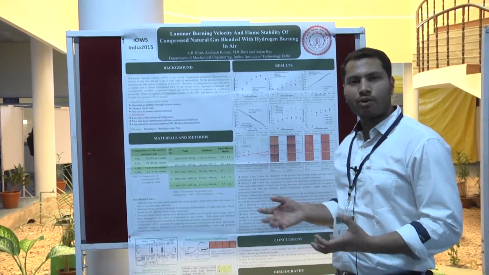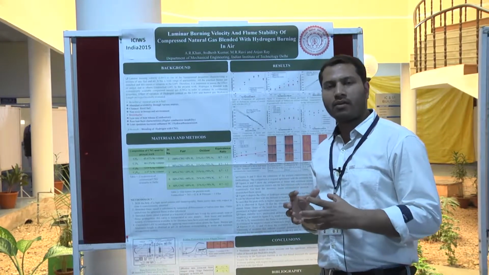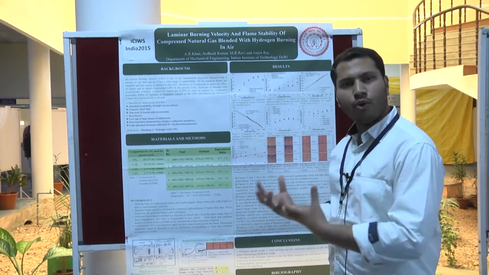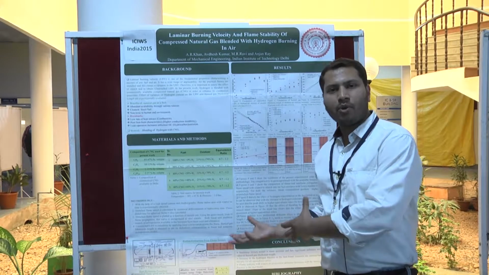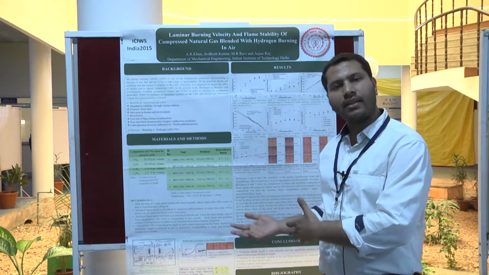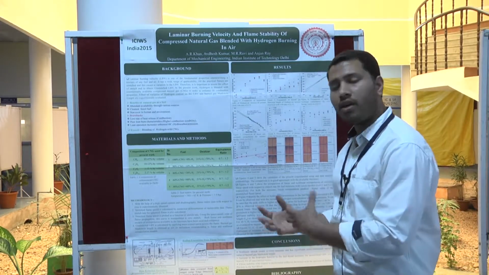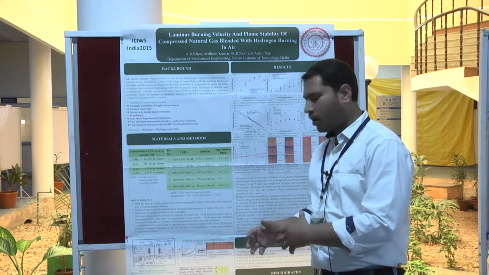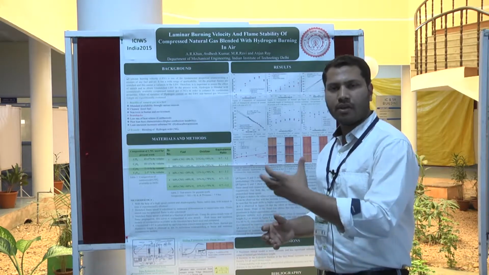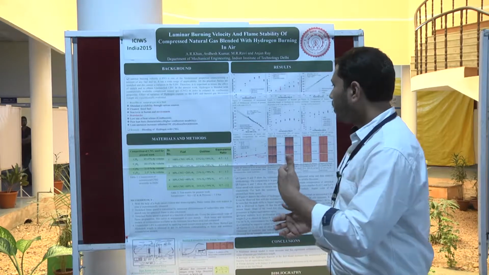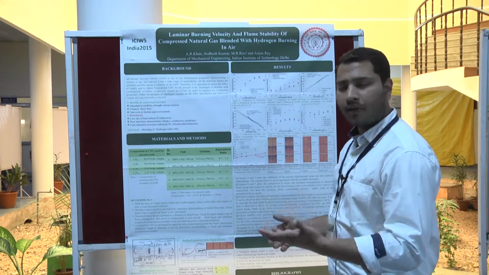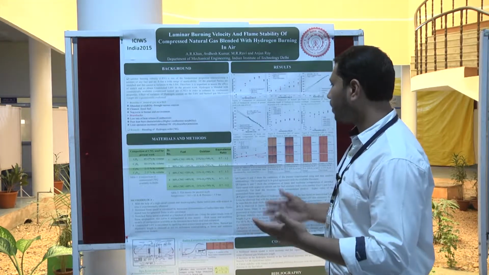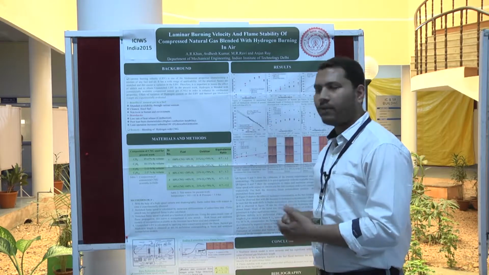For this we have used a constant pressure outwardly propagating flame, and we have used two extrapolation methodologies, the linear stretch and the non-linear stretch model, for extrapolating the results between the flame stretch, the stretch rate and the flame speed.